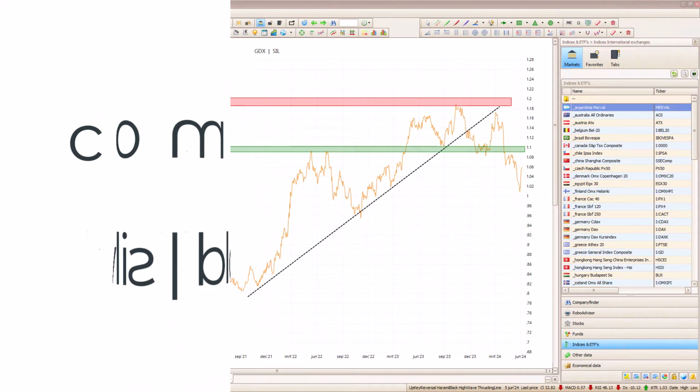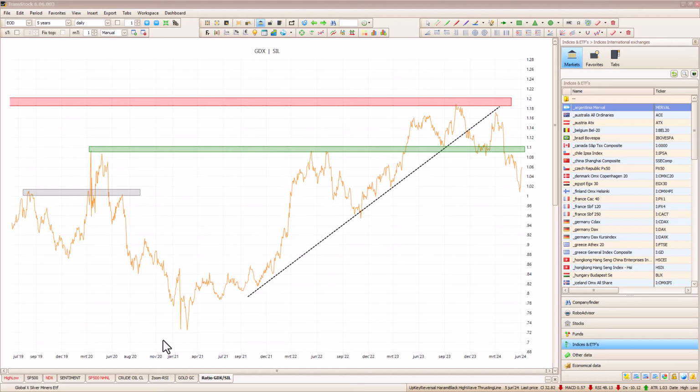For gold and silver mines, we see a correction. The important thing is to focus on the GDX-SIL ratio. The 1.10 zone shouldn't be broken upwards. Maybe we could see a similar scenario as in June, August.